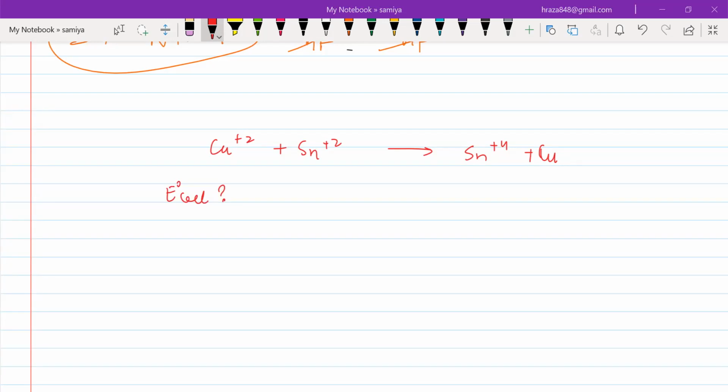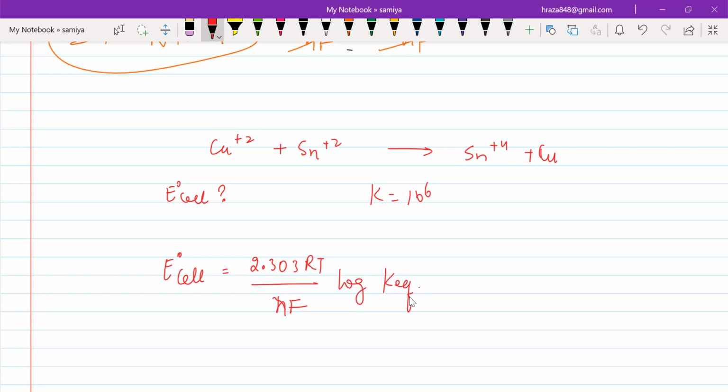At 25 degrees centigrade, we need to calculate E naught cell if the equilibrium constant K is equal to 10 raised to the power 6. We have a formula in terms of K equilibrium, and the formula is 2.303 RT upon nF log K equilibrium.